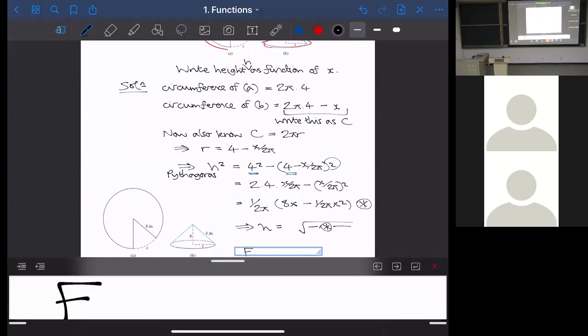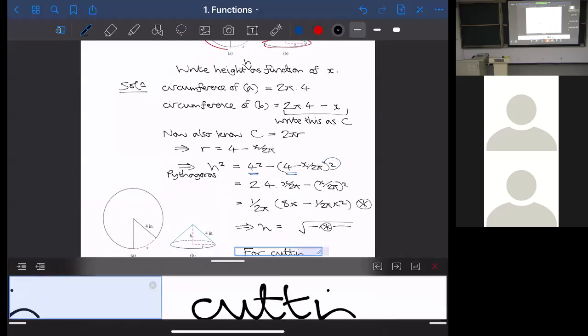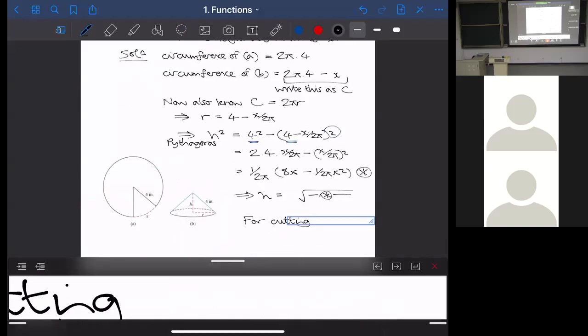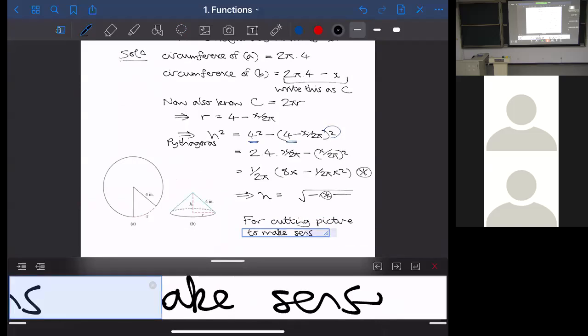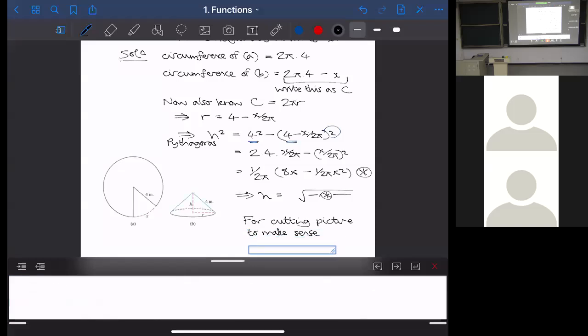So for the cutting picture to make sense, we need the circumference of B to be positive.